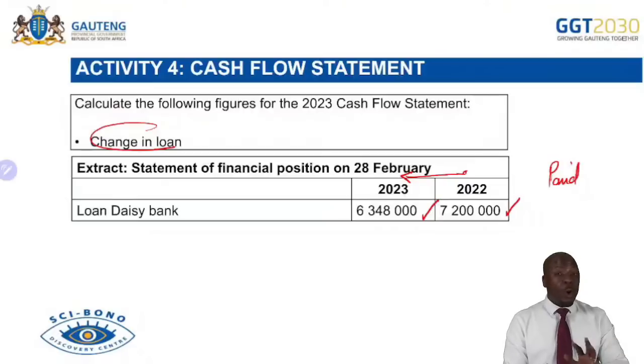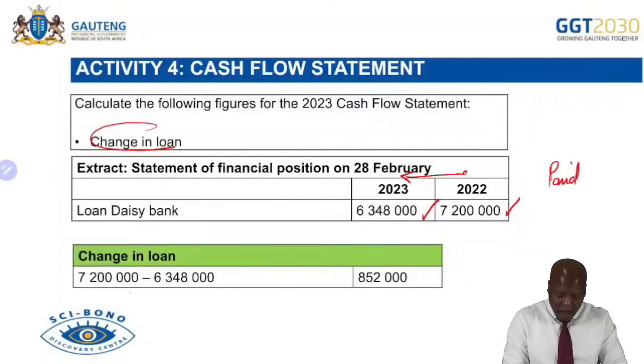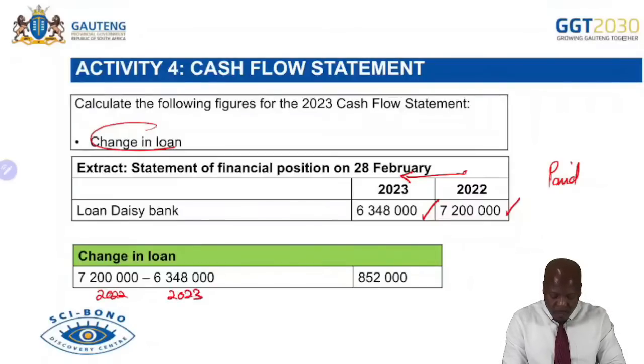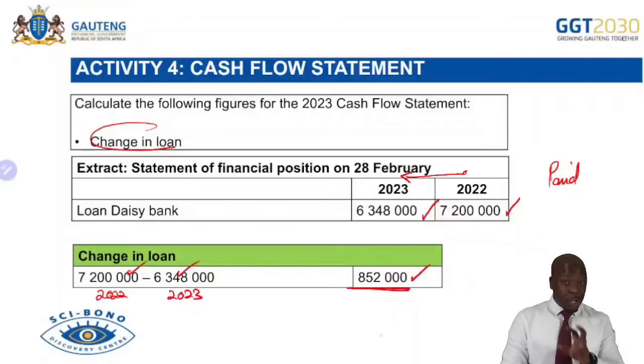But they don't want all of that in this particular question. They said calculate the change in loan. So for the change in loan, I take my loan in 2022, then subtract my loan in 2023, and I realize that I have a change of 852.